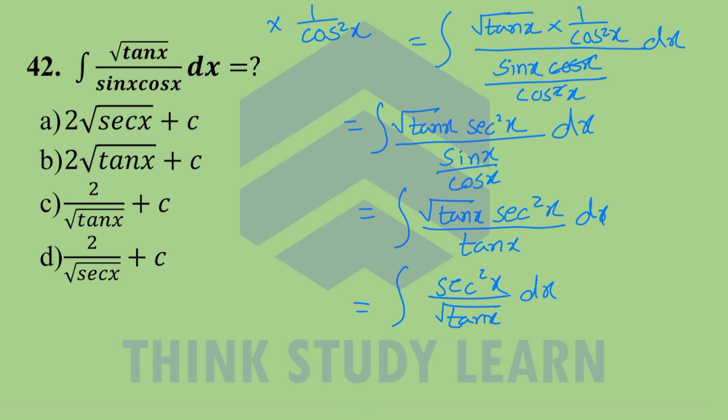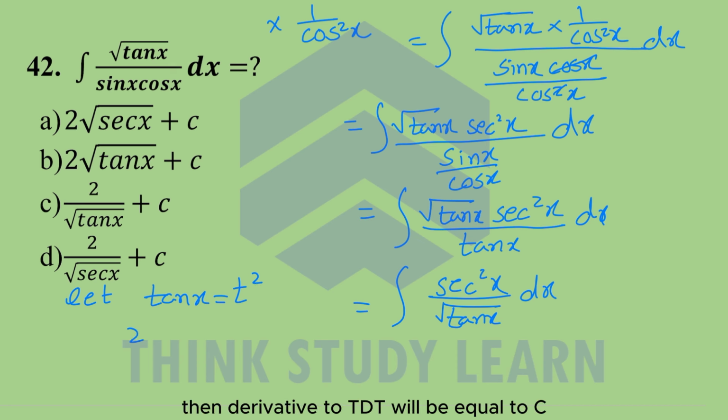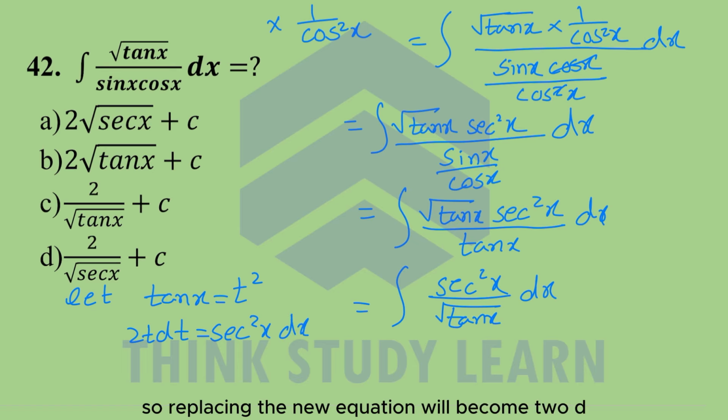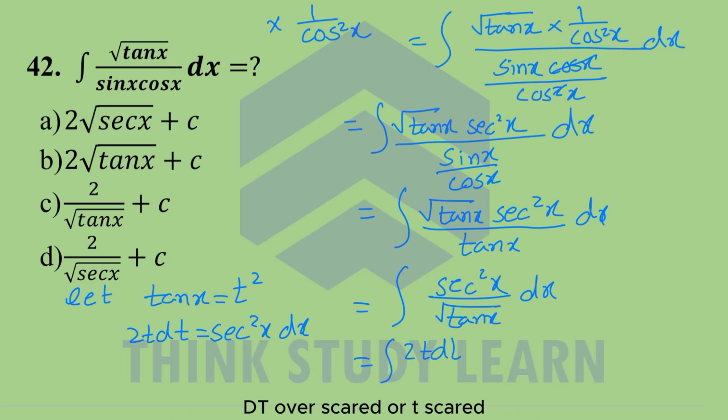Now let tan x equal t square, then the derivative 2t dt will be equal to secant square x dx. We will solve this integration by substitution. So replacing, the new equation will become 2t dt over square root of t square.